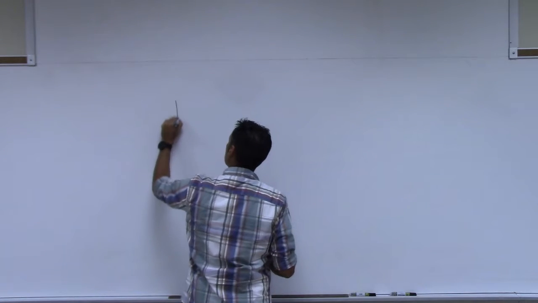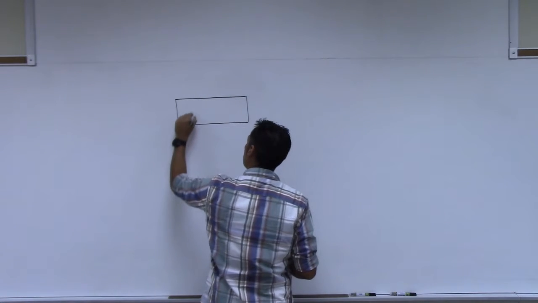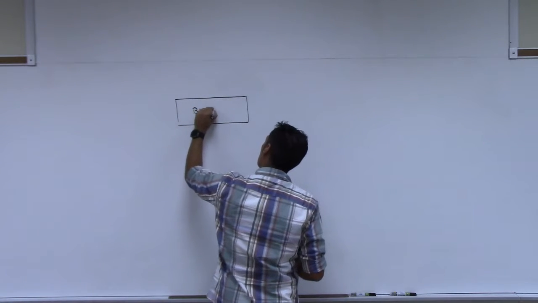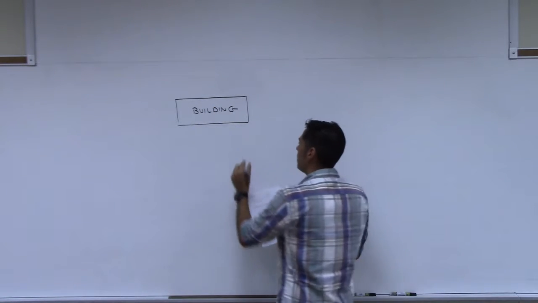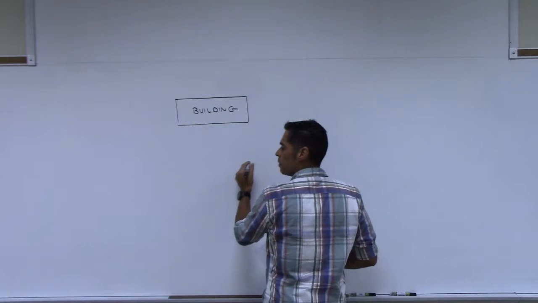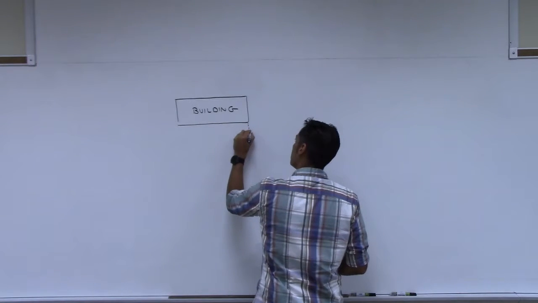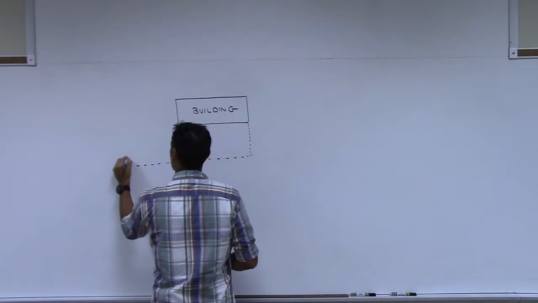So in this drawing, there's a few things that I need to make sure you understand. You have this building here, right? And then you have your fencing material, which I guess I'll put dotted so you can kind of see. This is your fence.